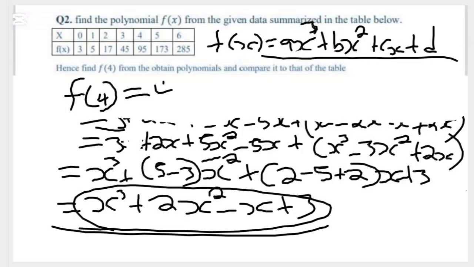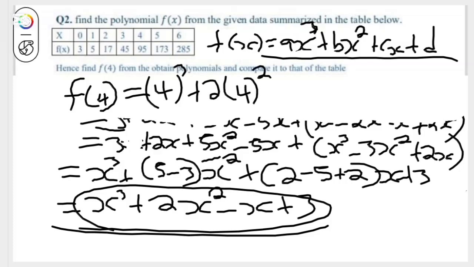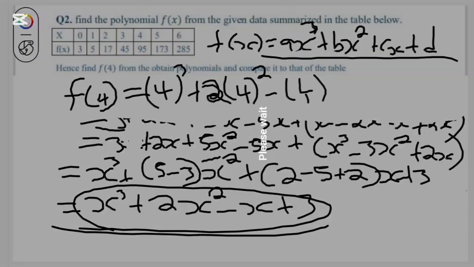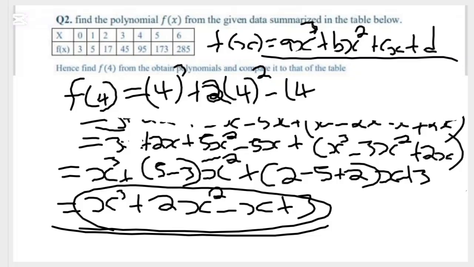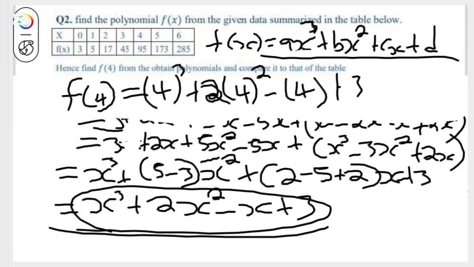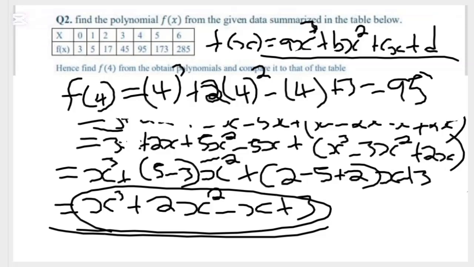So I will now say 4 power 3 plus 2 times 4 squared, and also minus 4 plus 3. So what am I going to get? At the end, I'll get 95. So wow, as you can see, also from the table in this 4, it is.